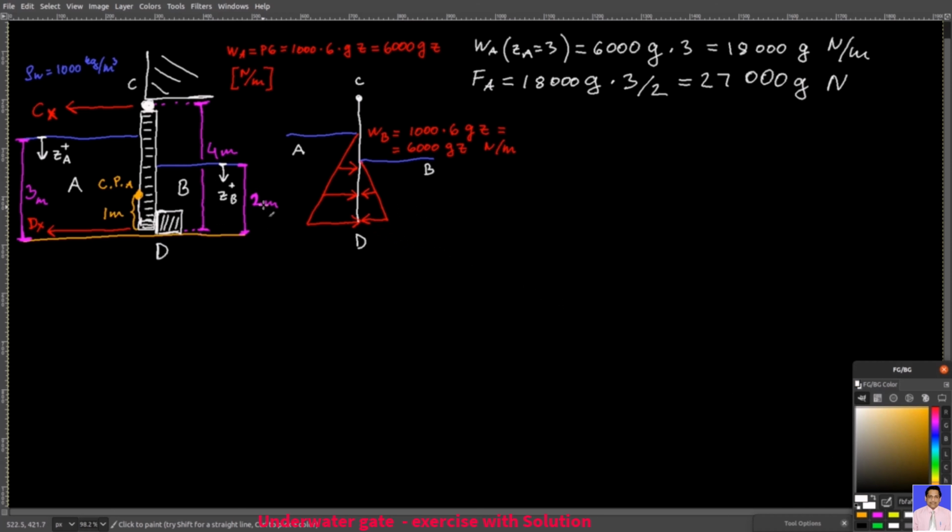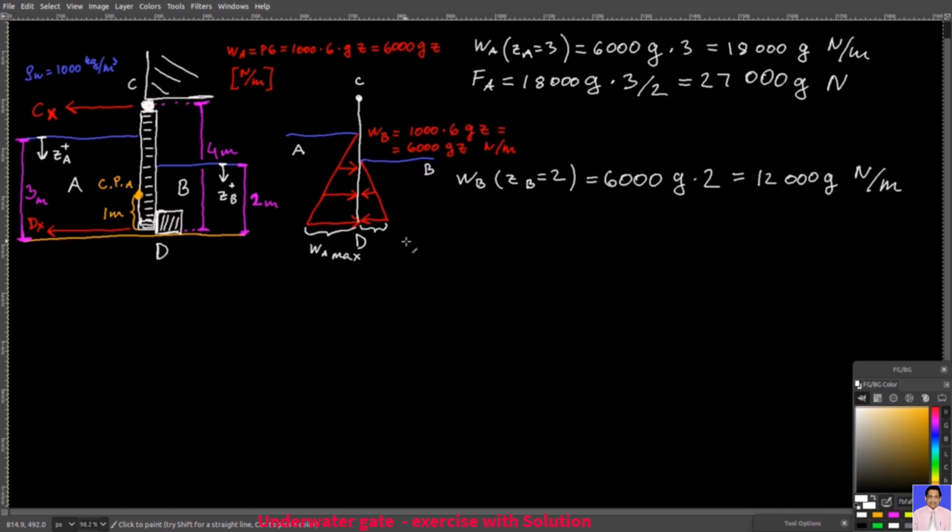And then the total force from the B side is the following. Now your total depth is 2 meters. So WB at ZB equals 2 meters. That's 6,000 times G times 2. That's 12,000 times G newtons over meter. And so just to clarify, this side here, that was this one, delta A maximum, and then this side here, it's this one, that's your delta B maximum.